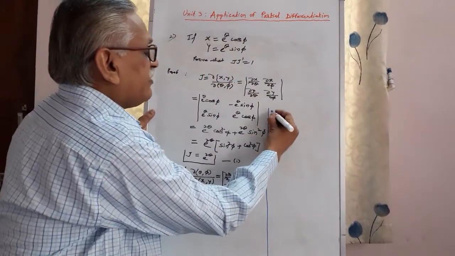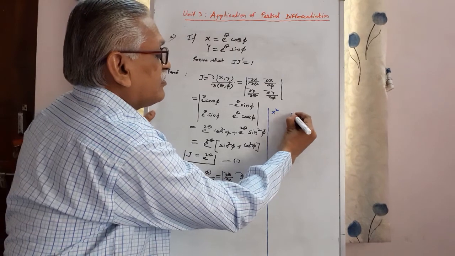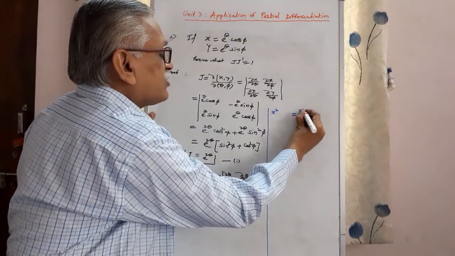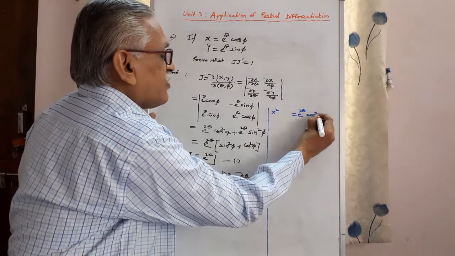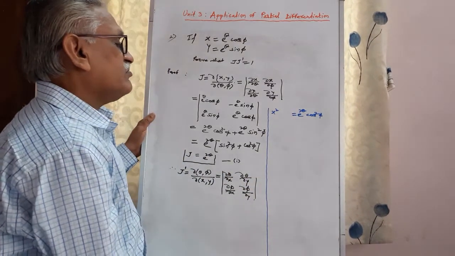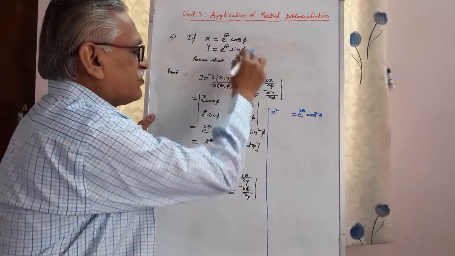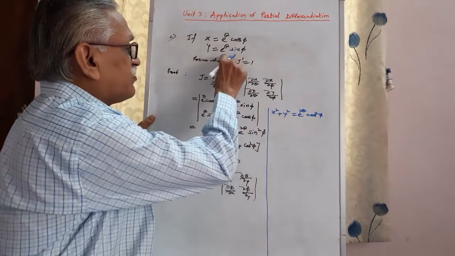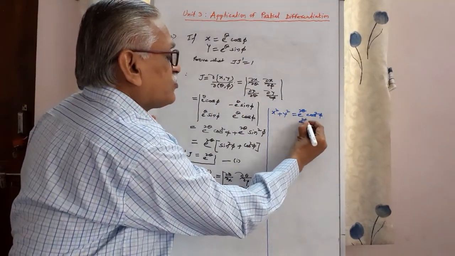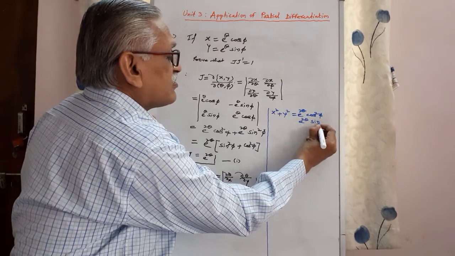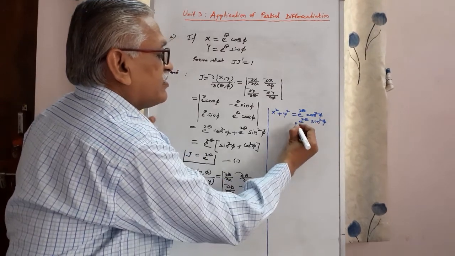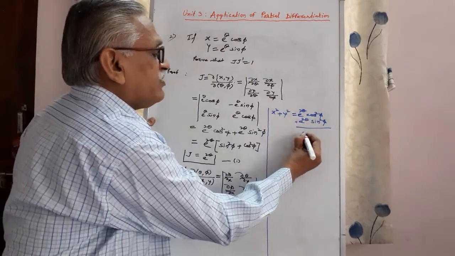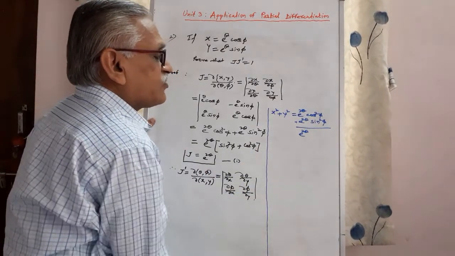therefore squaring and adding, x square is equals to, we get square of this, e raised to 2 theta cos square phi, plus square of this. Therefore, what is the square of this? It is e raised to 2 theta sin square phi. Add it. If you add it, what is common? E raised to 2 theta is common.